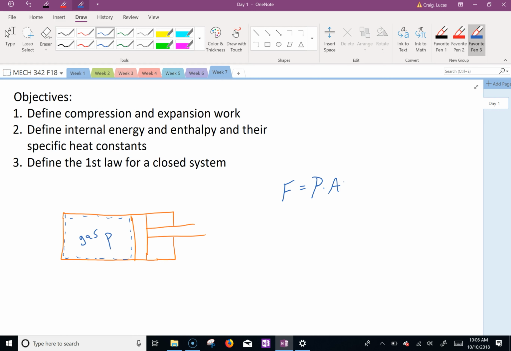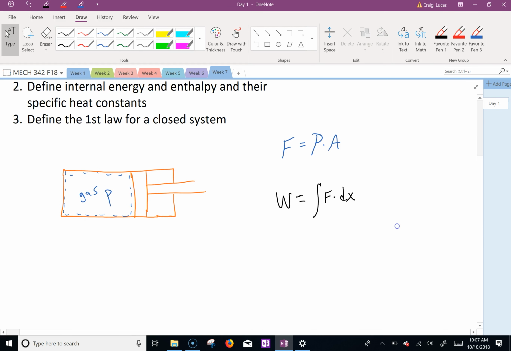Okay, now that's the force. How do we find the work done? What's the basic definition of work? It's the integral of F dx, because the force could change as a function of x.